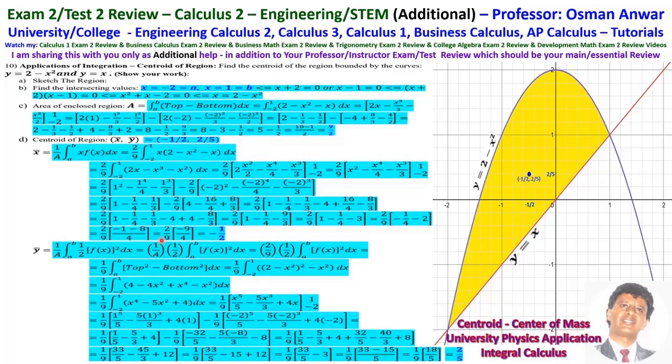So this is 1 over A times 1 over 2 integrated from a to b of f of x squared dx. 1 over A is 2 over 9 times 1 over 2, from a to b of f of x squared dx. So this is 1 over 9 from a to b.